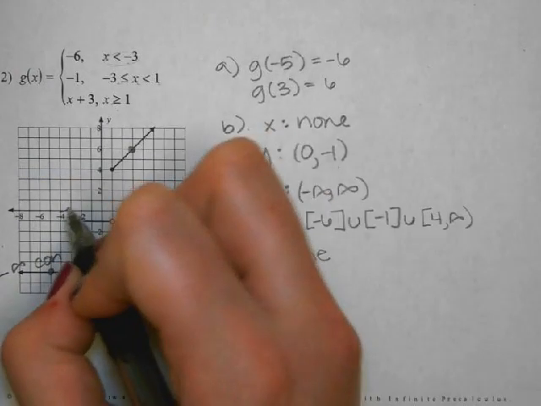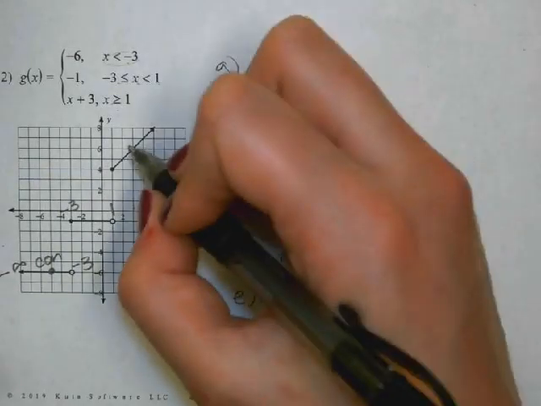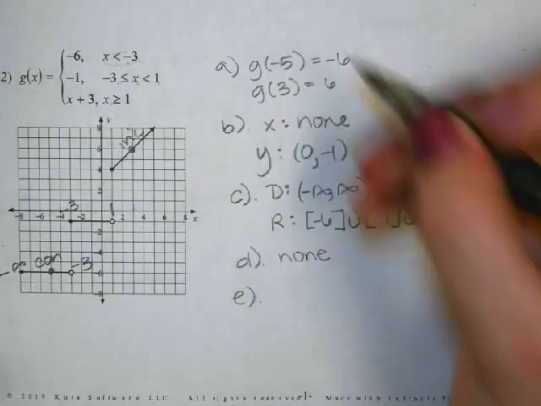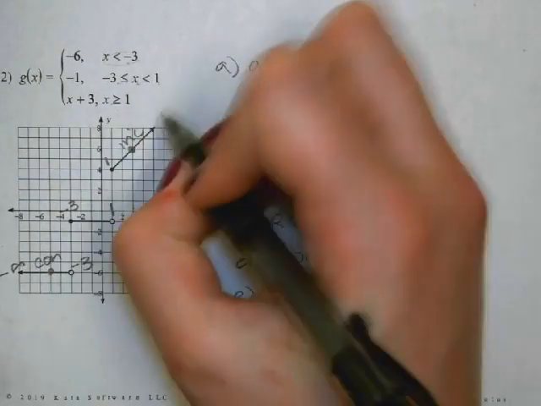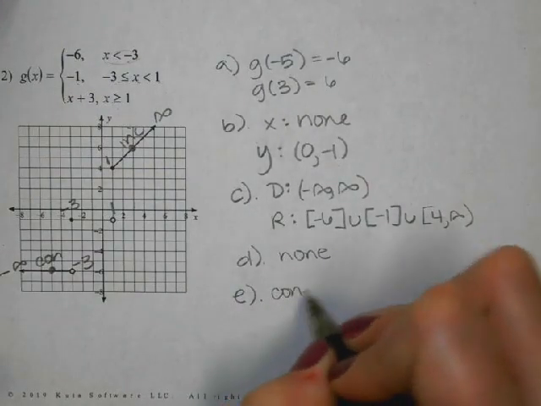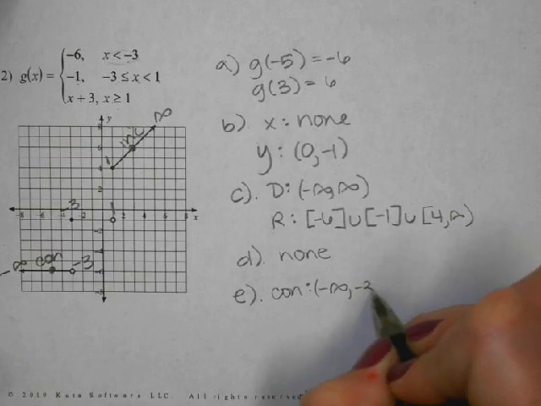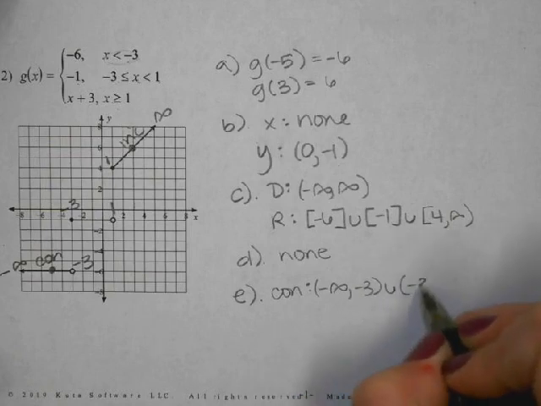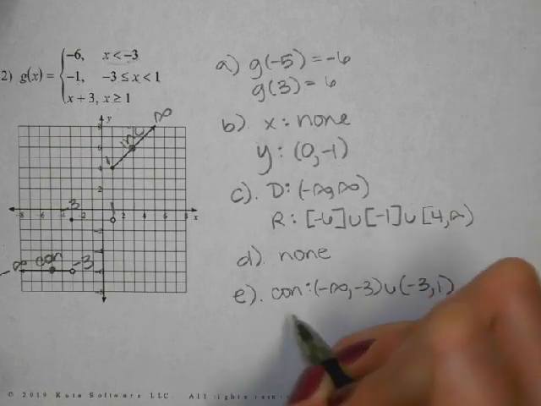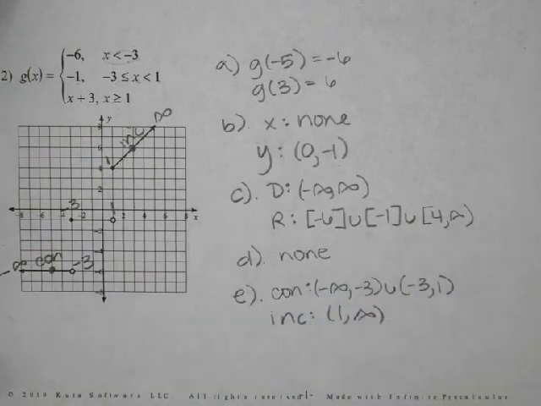And then we have another constant interval from -3 to 1. And then this one right here goes up. So we would say it's increasing from 1 to infinity.